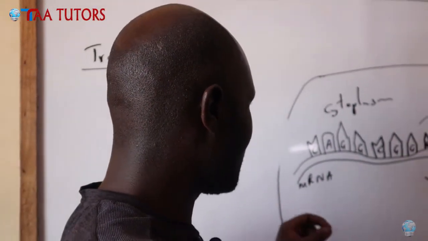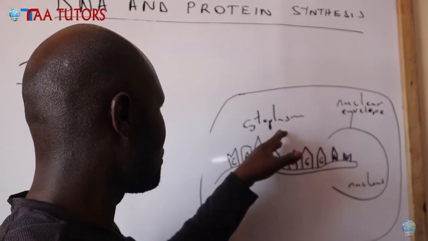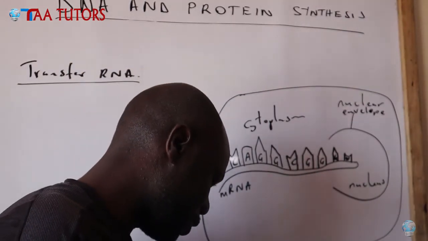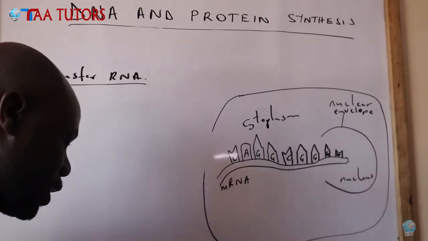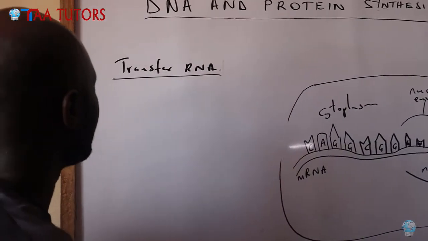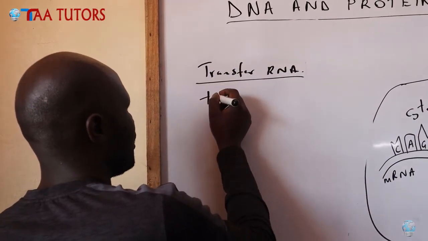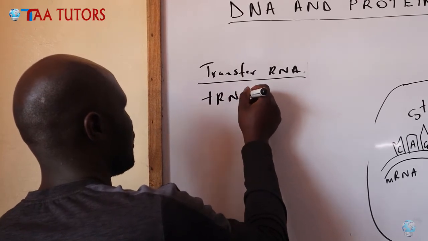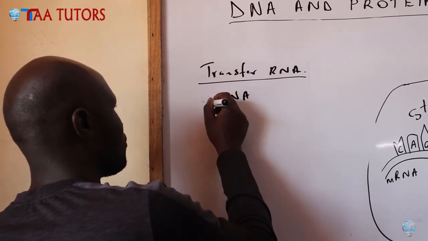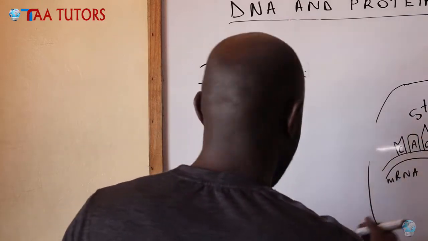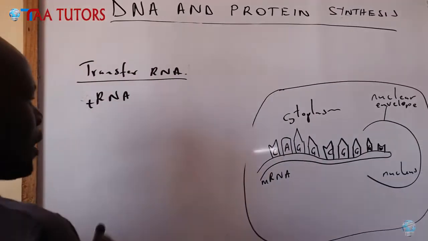Now when we reach the cytoplasm, I have said that we have amino acids within that area, and we also have the transfer RNA, which has the anticodes. These are the anticodes of what was picked up by the messenger RNA within the nucleus.